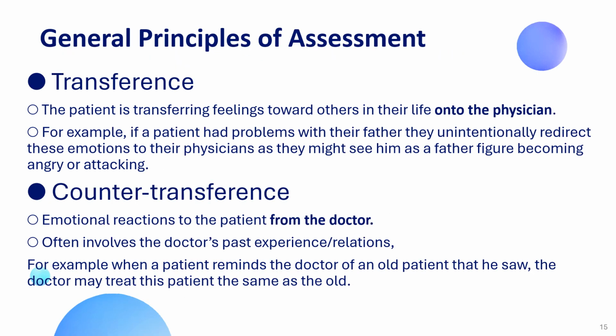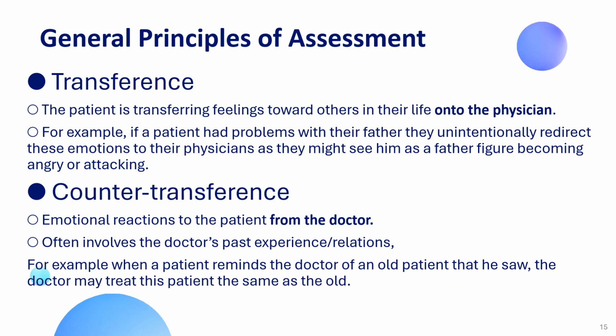Two terminologies are also used during the assessment, which are known as transference and counter transference. Transference is the feeling which the patient has towards the physician, which he is having for another person in his life.